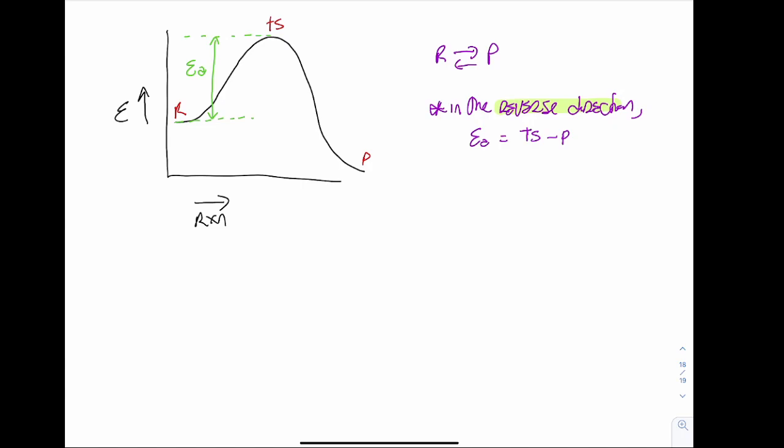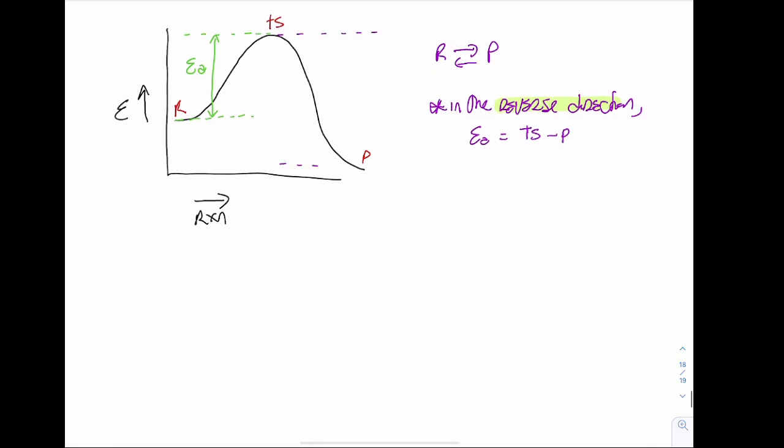So do note, for going the opposite direction, my activation energy, maybe we'll put it on here in purple. I just don't want you to think that I have two of them. It's one or the other. So this is EA in the reverse direction.